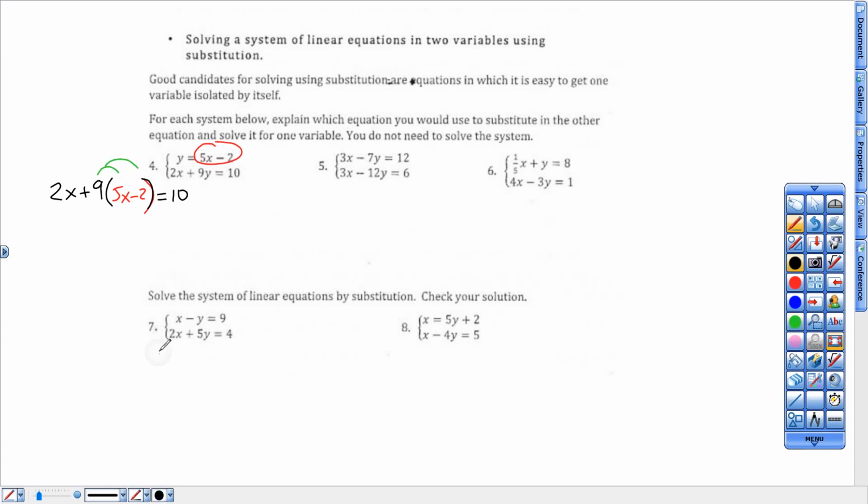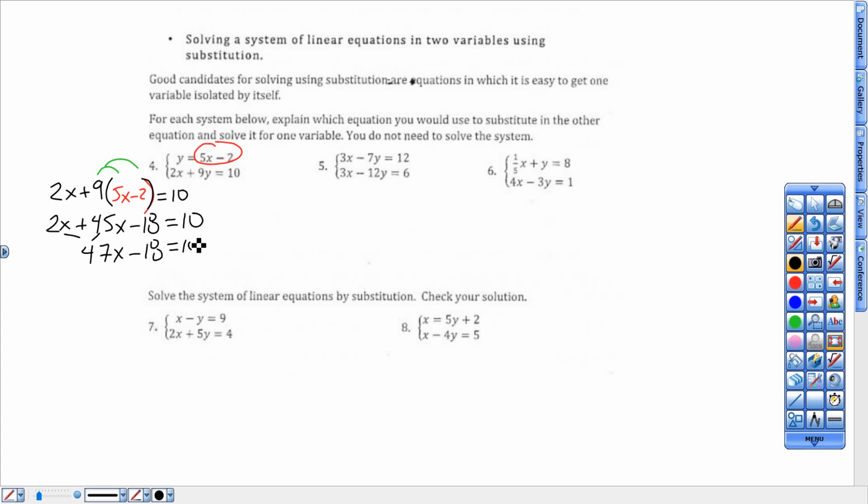That gives me 2x plus 45x minus 18 equals 10. I'm going to combine my 2x and my 45x to get 47x minus 18 equals 10.